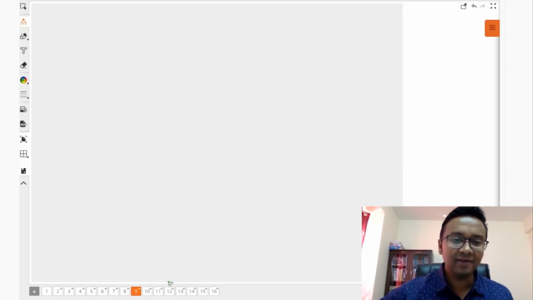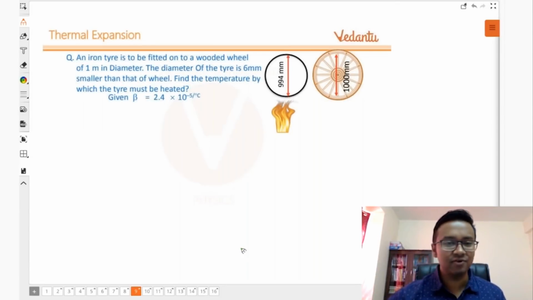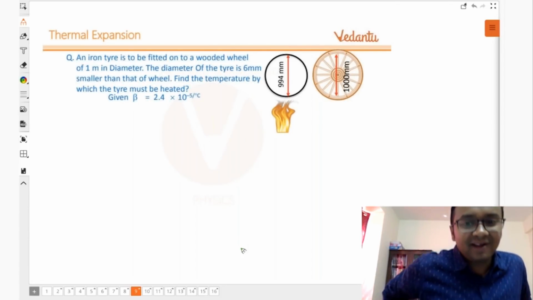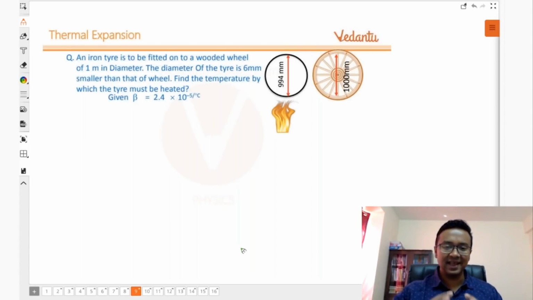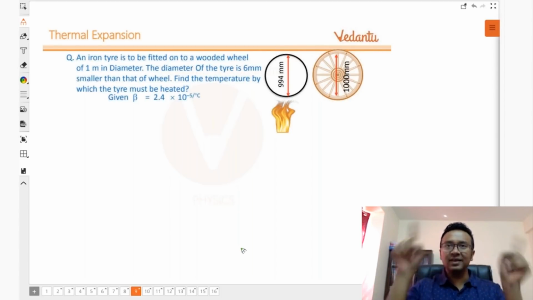Now here we take up another problem, pretty interesting, this one. In village areas, you have seen that there are bullock carts, and on these bullock carts they have the internal structure made up of some metal, and they place a wheel over it.